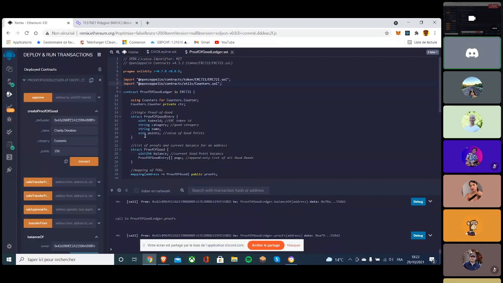Okay. Correct me if I'm wrong, Boris, but you haven't looked at integrating the Polygon SDK yet into the backend? No, not yet. I was really focused on displaying the proof of good ledger, all the function, the inheritance. So I haven't looked at it deeply yet, but I will do it. Okay.